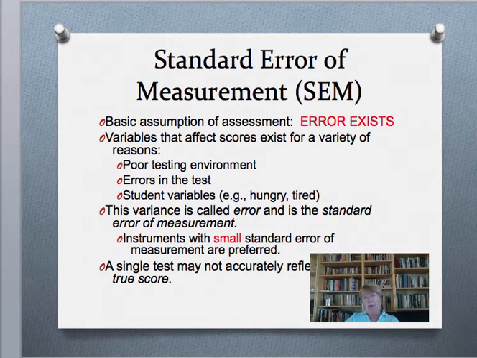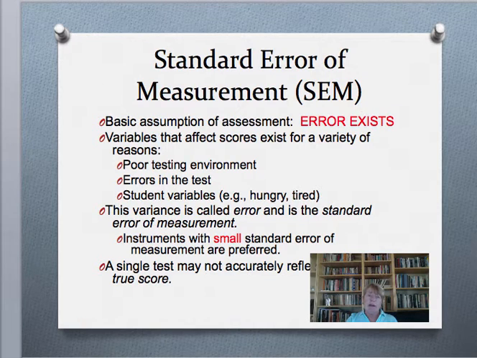And they do it in a number of different kinds of ways. We already looked at how they try to control for bias, which is a form of error. But another thing they do is mathematical calculations that help determine how much internal error is actually in the test. So they're looking for variables that affect scores that are internal to the test, not the ones that are external.